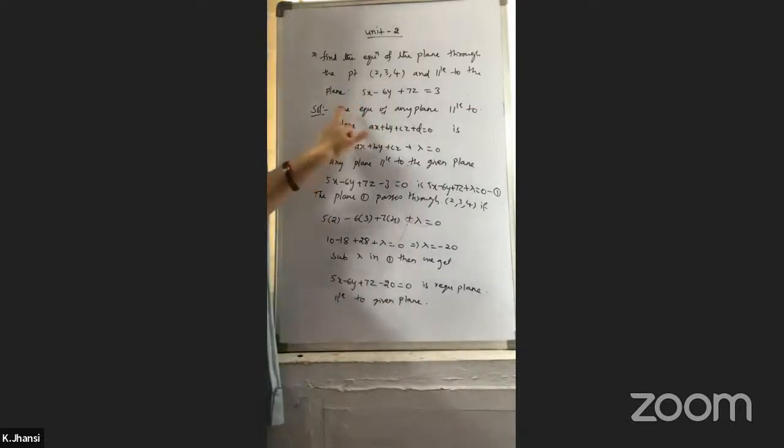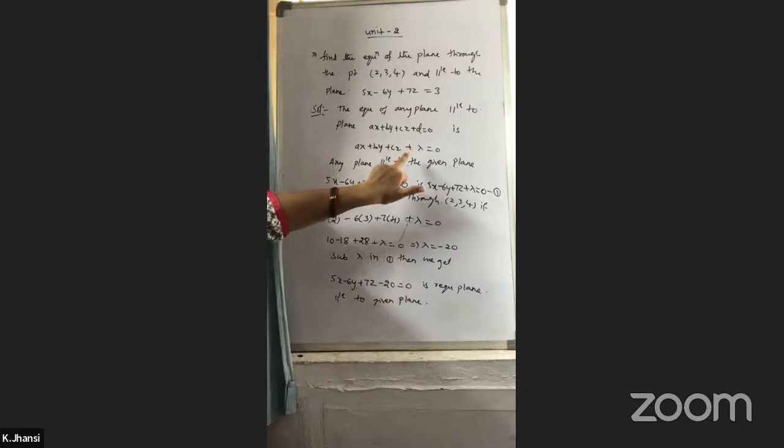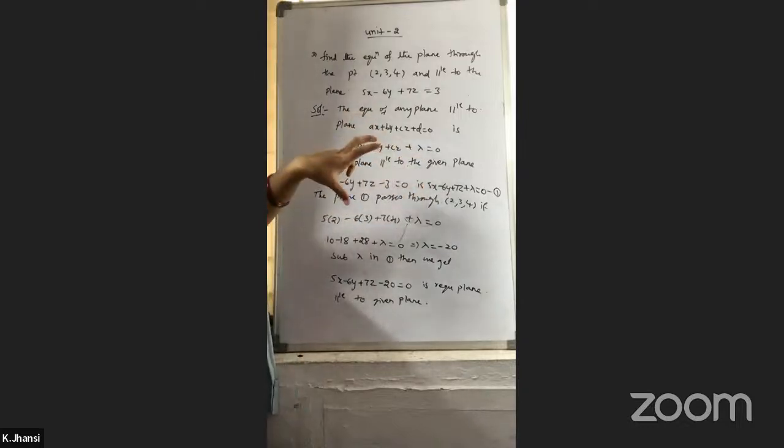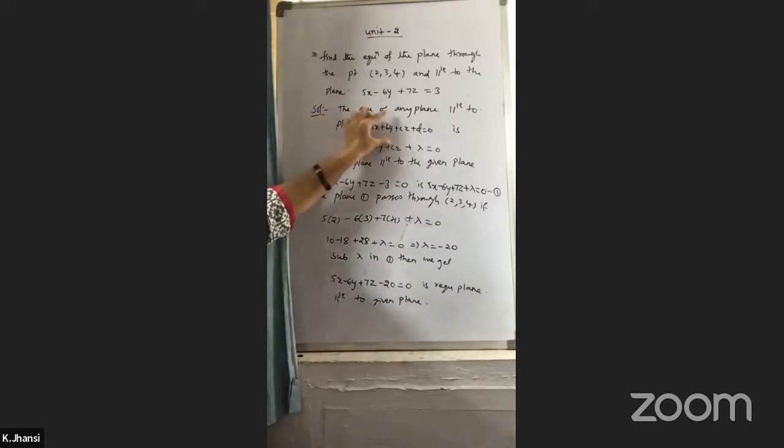Okay, this is the procedure for finding the equation of a plane passing through one point and parallel to a given plane. Any plane parallel to the given plane will have lambda in place of d. If two planes are parallel, the A, B, C values will be the same; only the D value will be different.